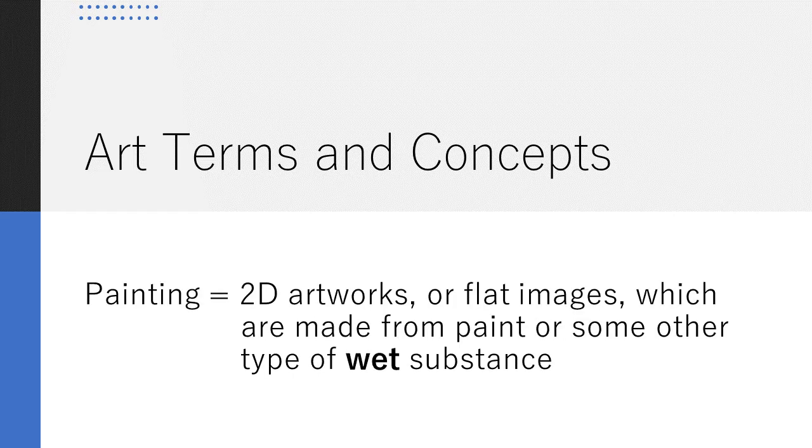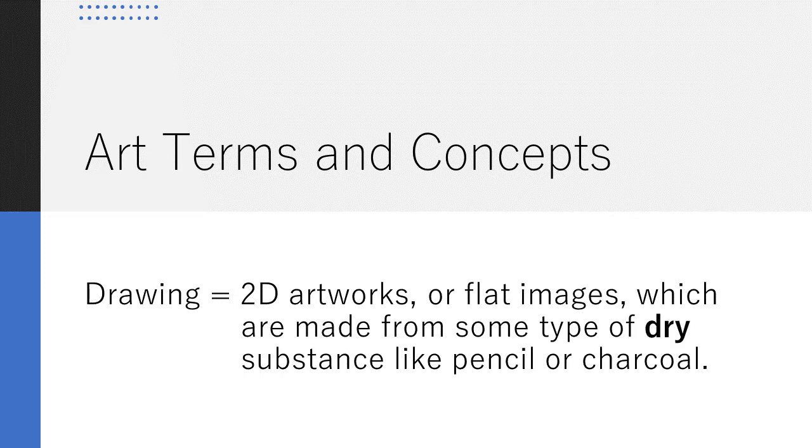Well, in the reading, it defines painting, a good definition. It says that paintings are 2D artworks or flat images which are made from paint or some other type of wet substance. Drawing is 2D artworks or flat images which are made from some type of dry substance, things like pencil or charcoal.